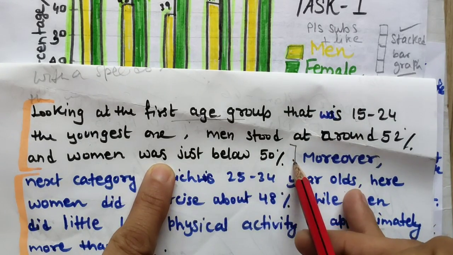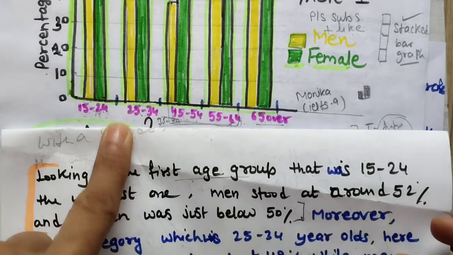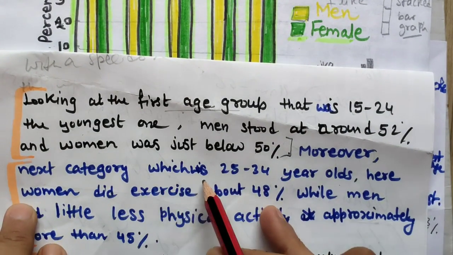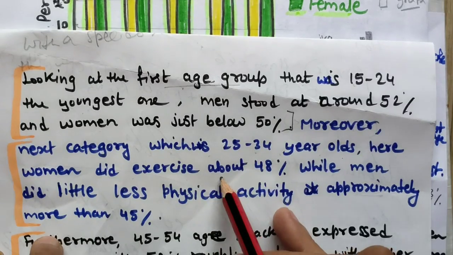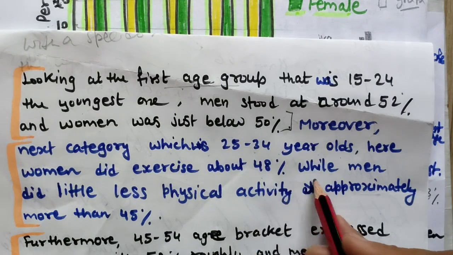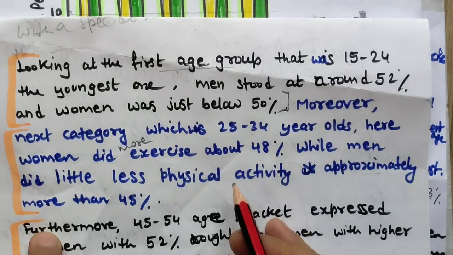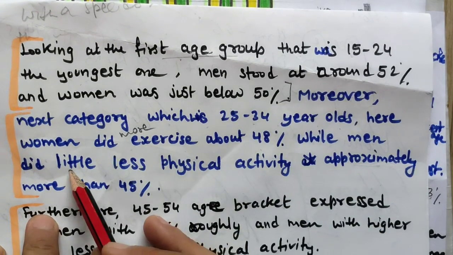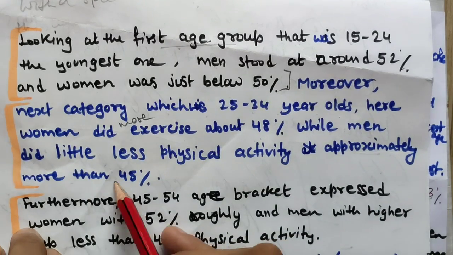Now the second category: moreover, the next category, 25 to 34 year olds, women did exercise about 48%, while men did a little less physical activity, approximately 45%.